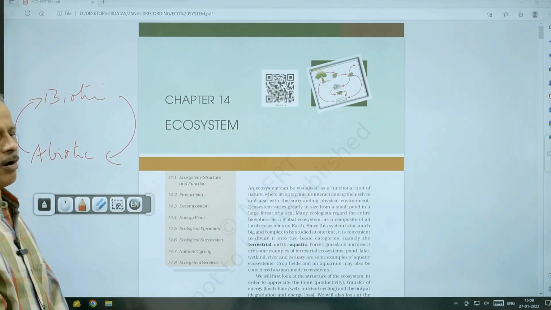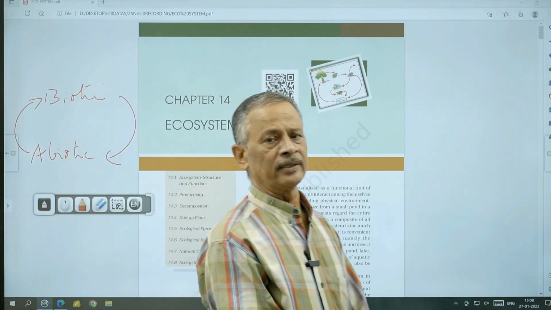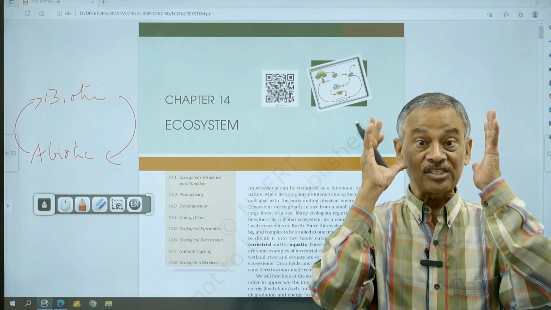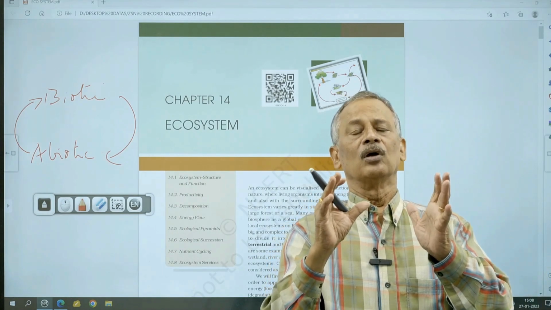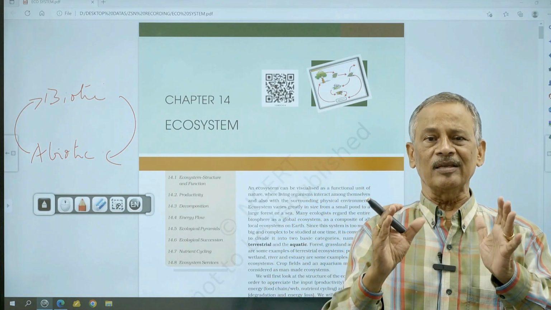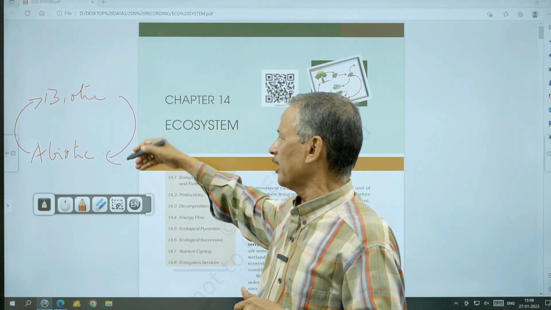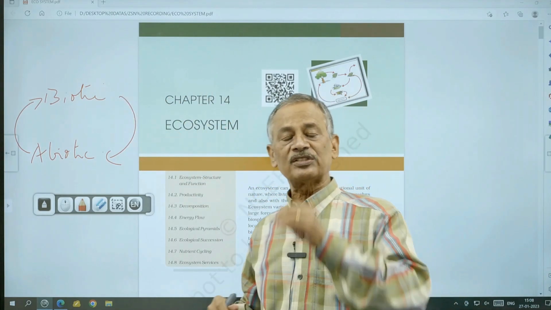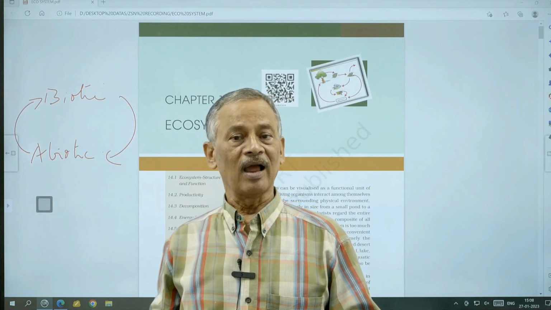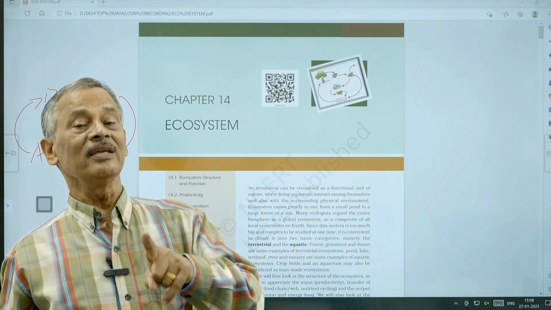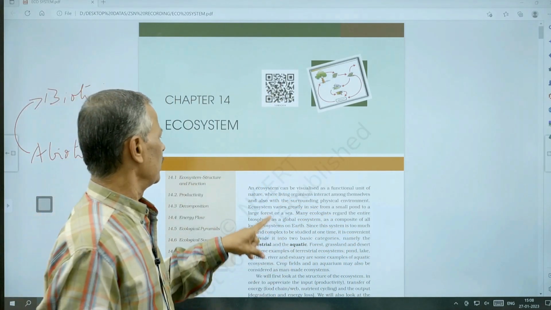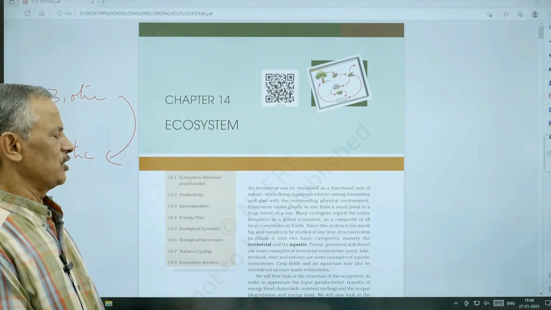These two are all interdepending and interacting. Such a system of interdepending and interacting biotic and abiotic factors, which are all dynamic and self-regulatory and self-sustaining, is called an ecosystem.